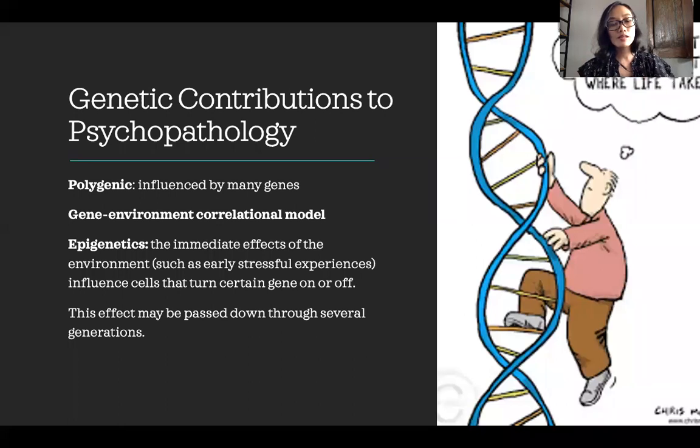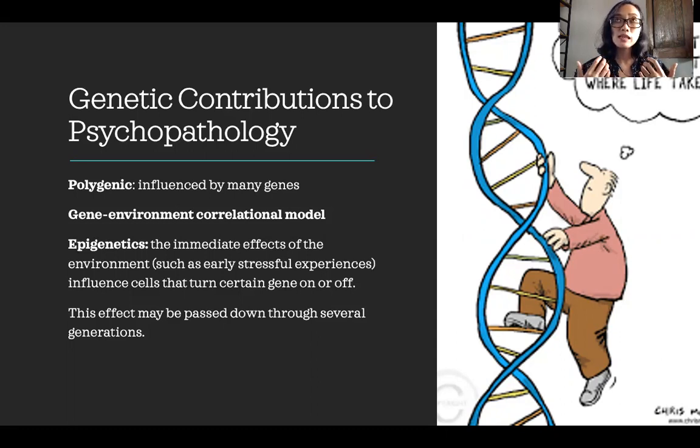So specific genes or small groups of genes may ultimately be found to be associated with certain psychological disorders, right? But as discussed earlier, much of the current evidence suggests that contributions to psychological disorders come from many genes, not a single gene, okay? And they interact together. This is what we call polygenic. And further, the reciprocal gene-environment model, or the gene-environment correlation model, is a complex interaction between genes and the environment.